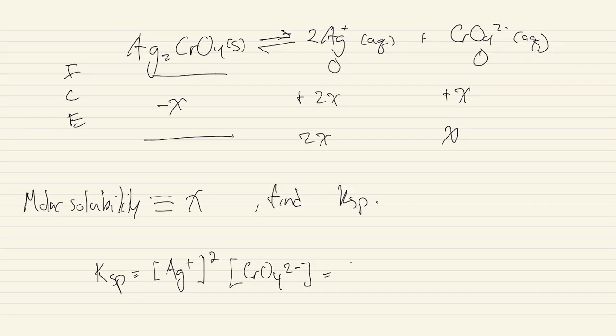Ag is going to be 2x, squared, because this is our equilibrium concentration of Ag. And then chromate is just going to be x.